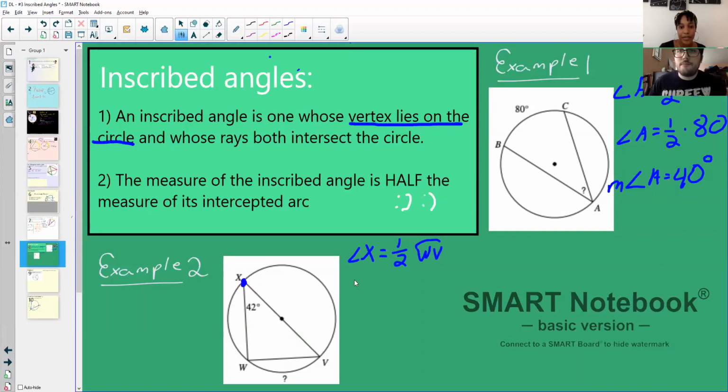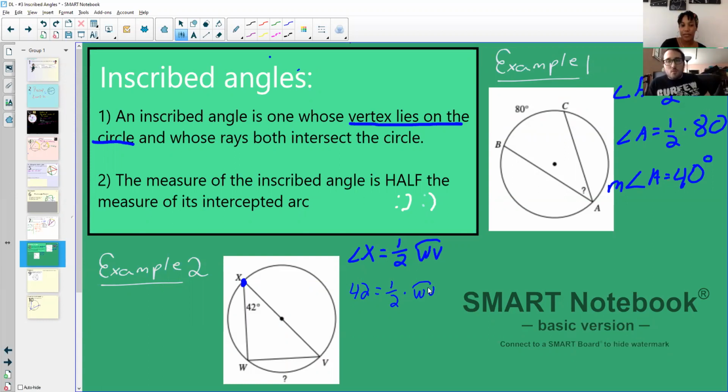Somebody type it out for us, or call it out. What's the measure of angle X? 42. 42. Thank you, Isaiah. So 42 is half of WV. So if we're trying to figure out what WV is, how would you get WV by itself?